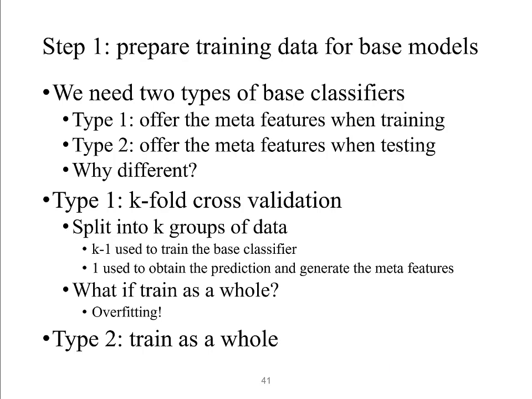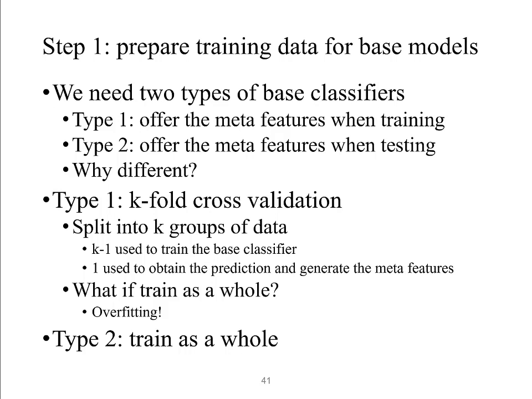So the first step would be to prepare training data for base models. Here, in terms of base models, again, you should distinguish the definition between models and classifiers. A classifier is like a specific instance of a model. Right?